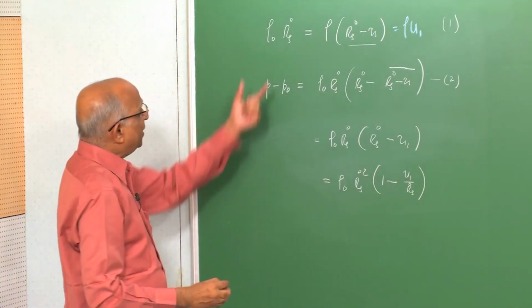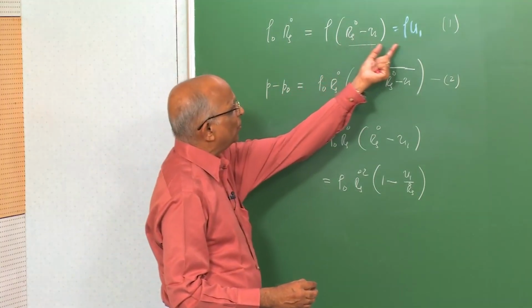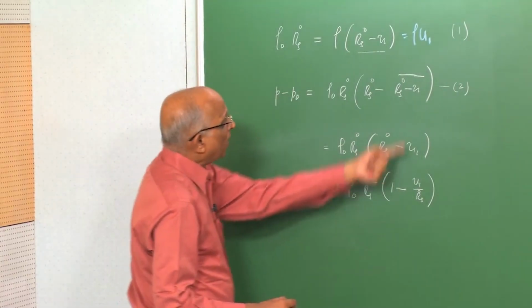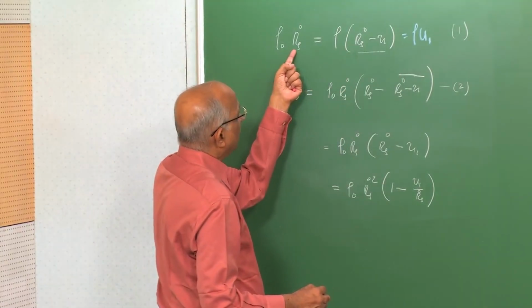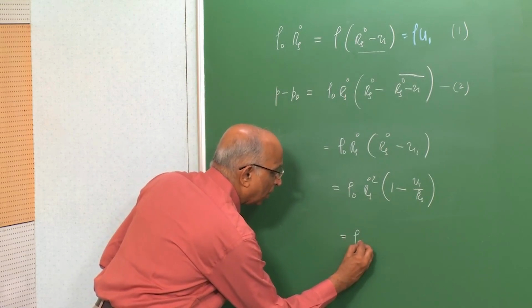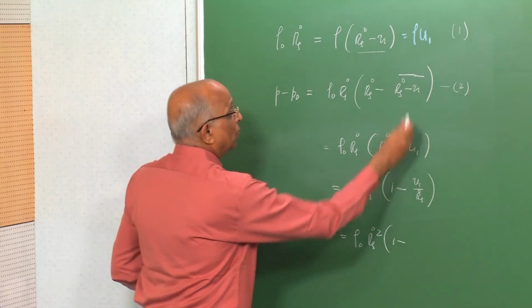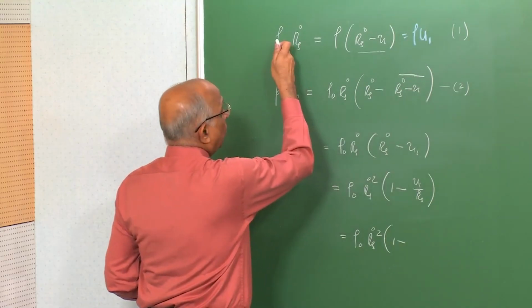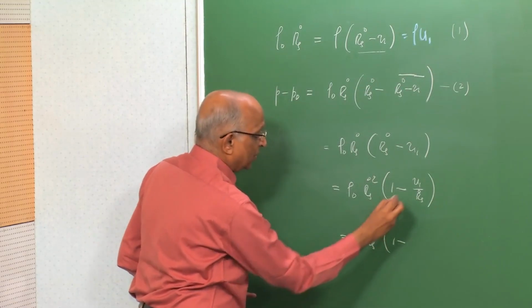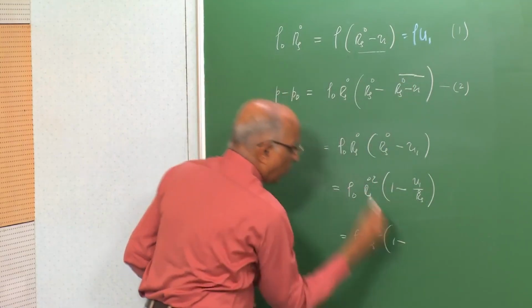And if we write the continuity relation wherein I say r s dot minus u as u1, I get the value of u1 over r s dot is equal to rho naught by rho. So rho naught into r s dot square into 1 minus u1 is equal to rho naught by rho into r s dot. That means u1 divided by r s dot is equal to rho naught by rho.